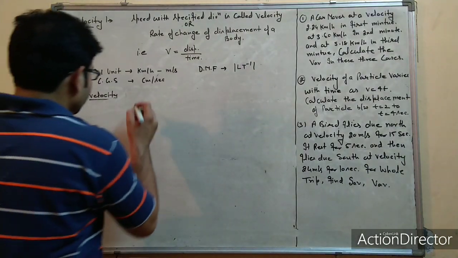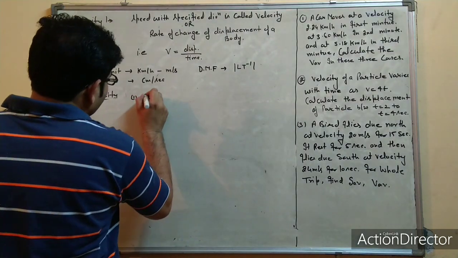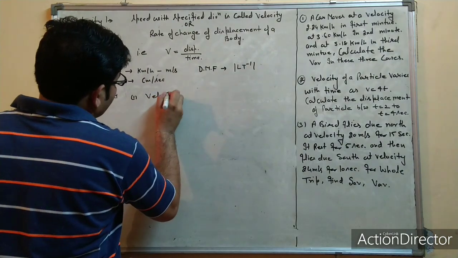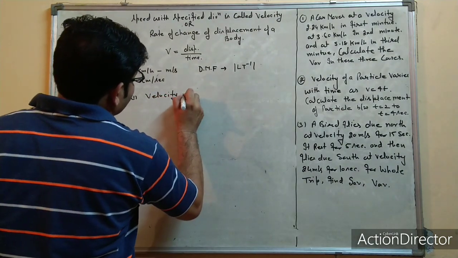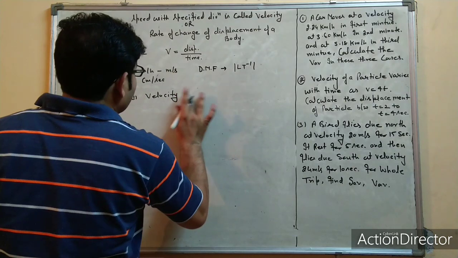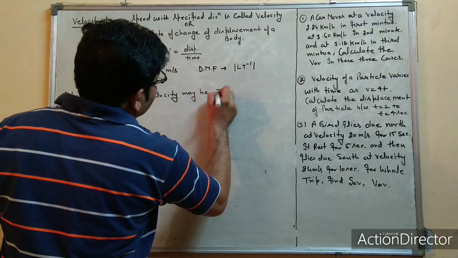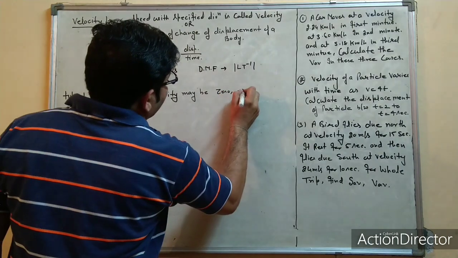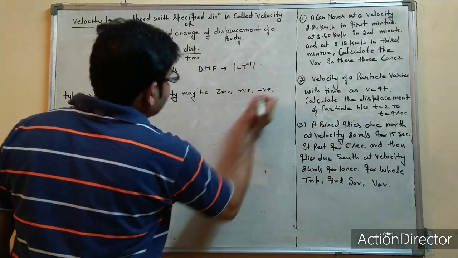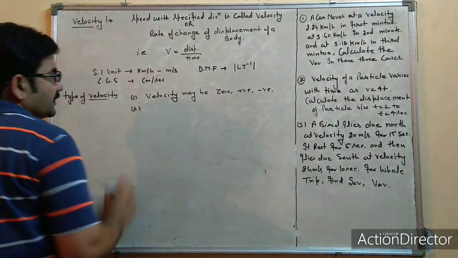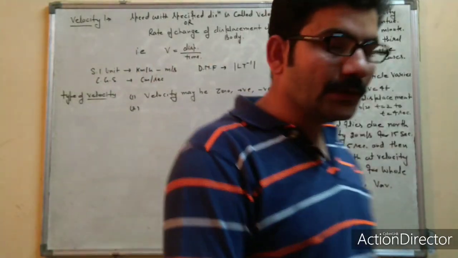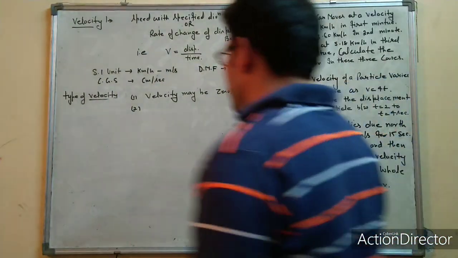First point: velocity may be 0, positive, or negative. Second, velocity is a vector quantity.